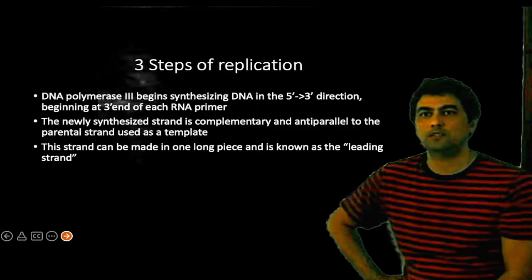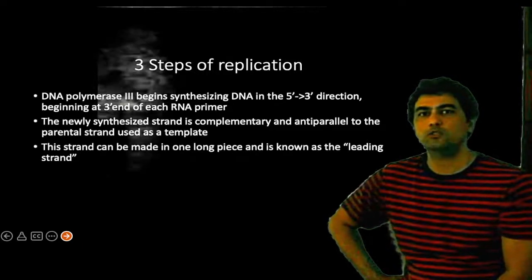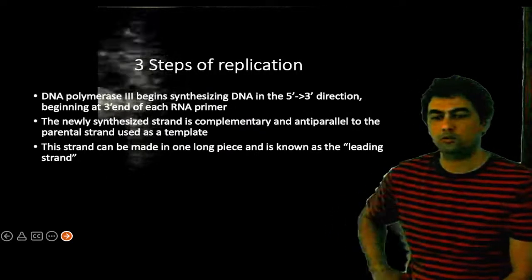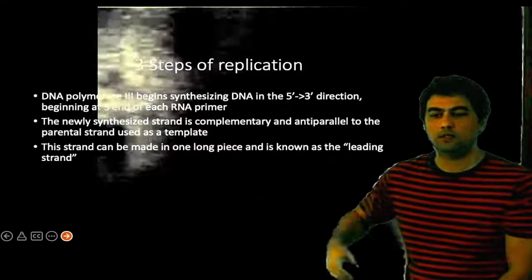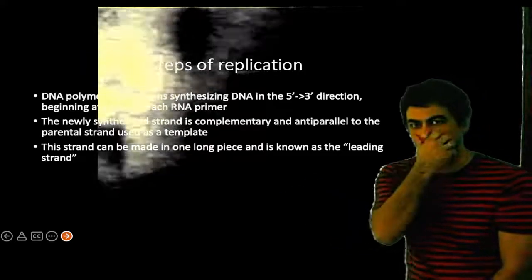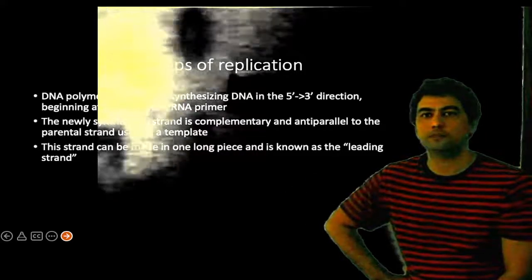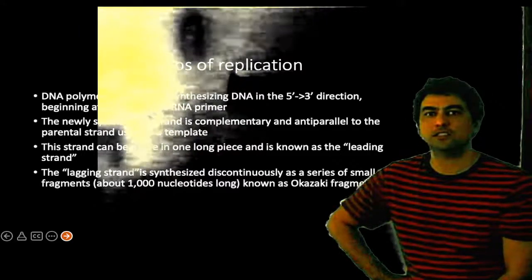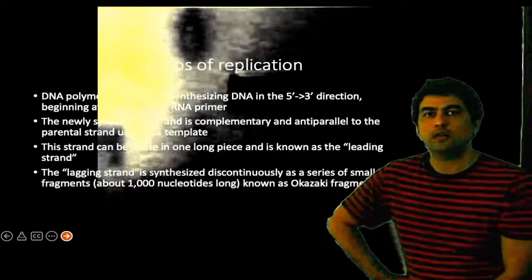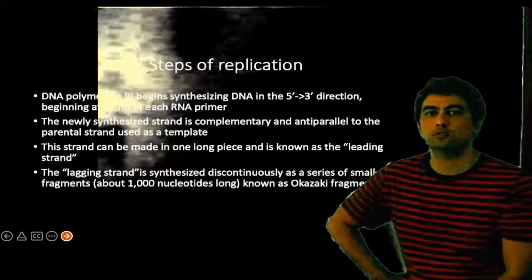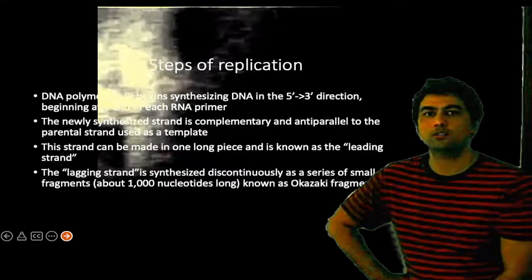This strand can be made in one long piece and is known as the leading strand. So the leading strand will have one single RNA primer. The lagging strand is synthesized discontinuously as a series of small fragments, about 100 nucleotides long, known as Okazaki fragments.